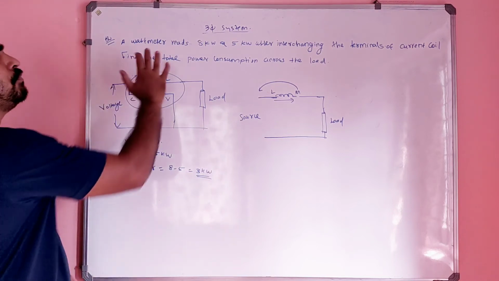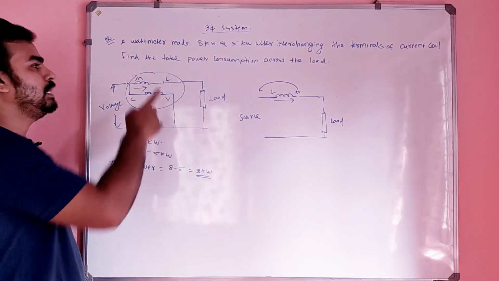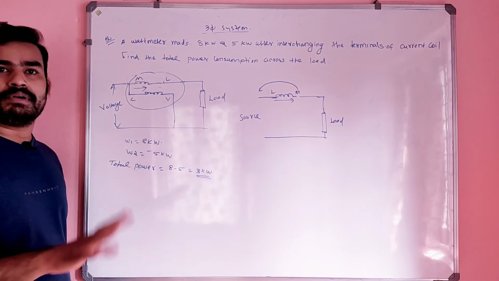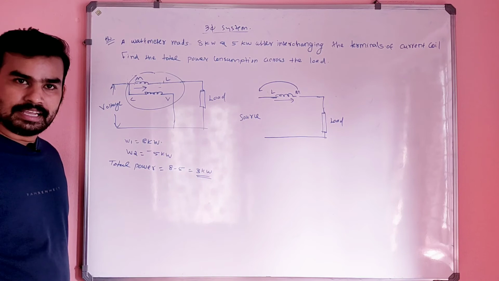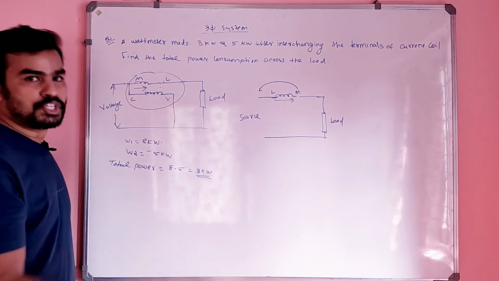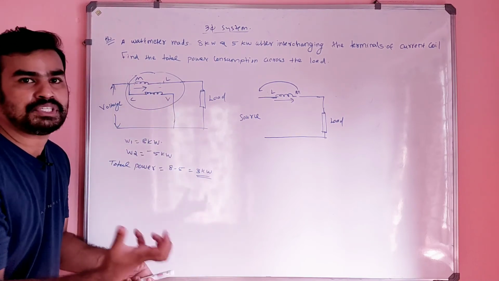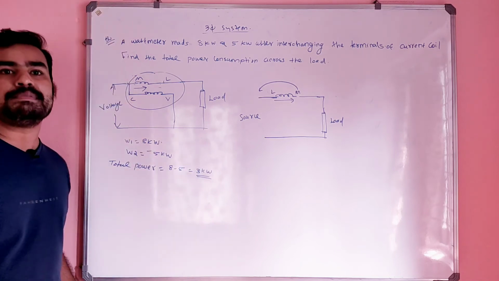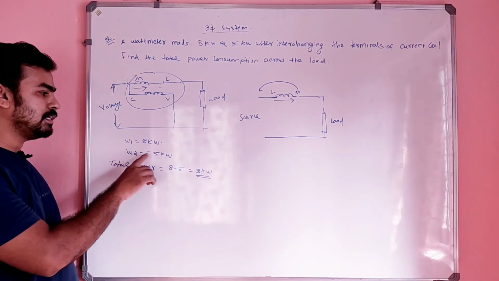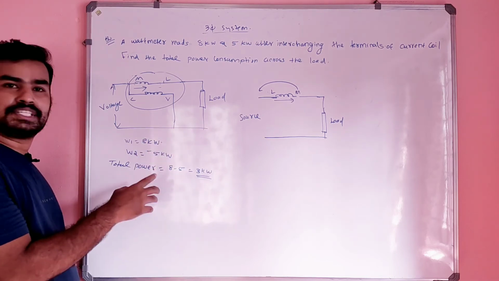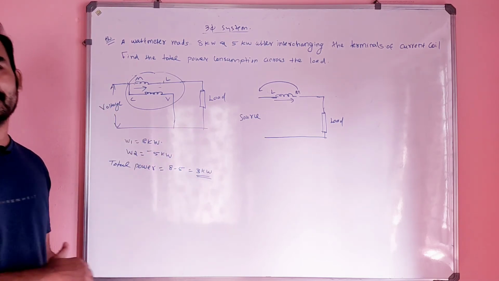Actually the aim of this question is that when you interchange the terminals of the current coil or pressure coil, the power will be negative. So the total power consumption you see from the energy meter side will be simply 3 kilowatt, because one time the power is in the positive direction and another time in the negative direction, right?